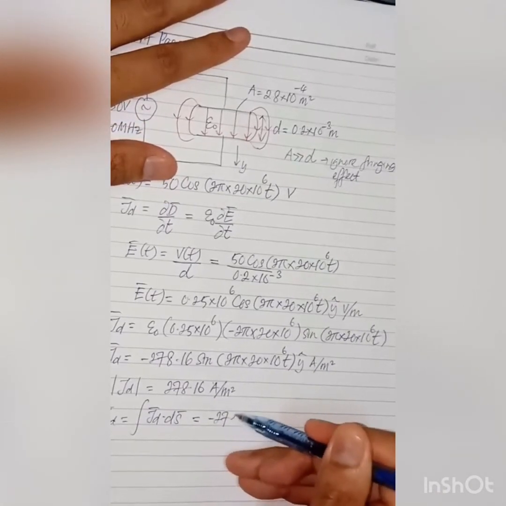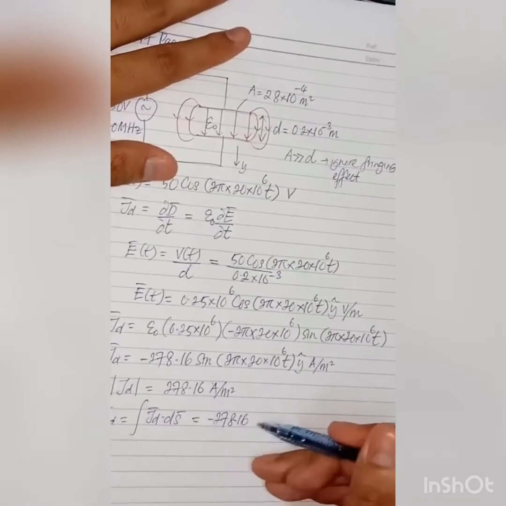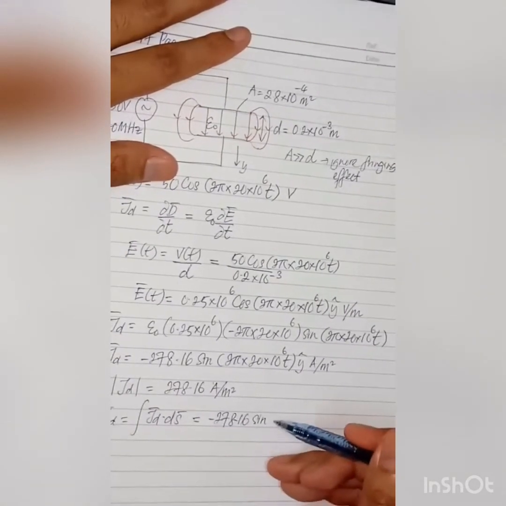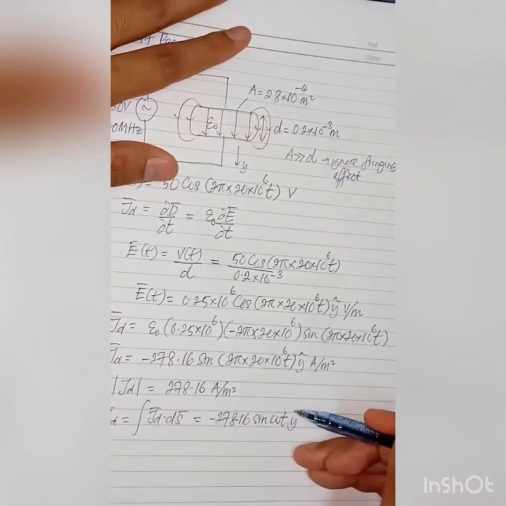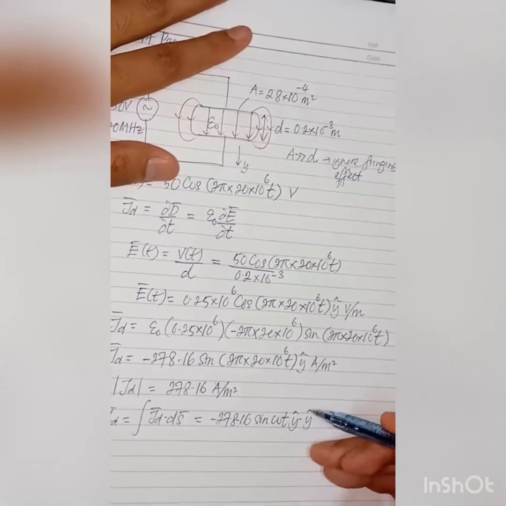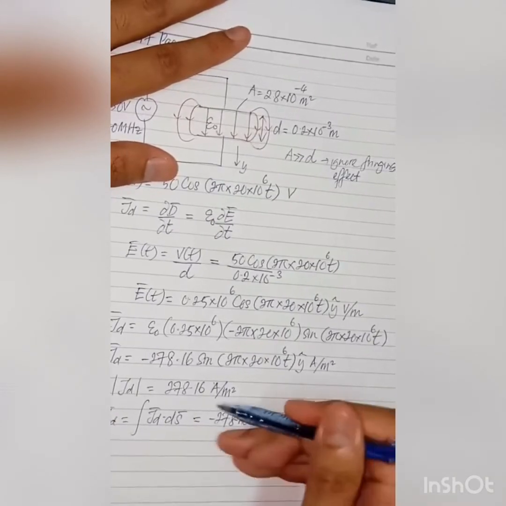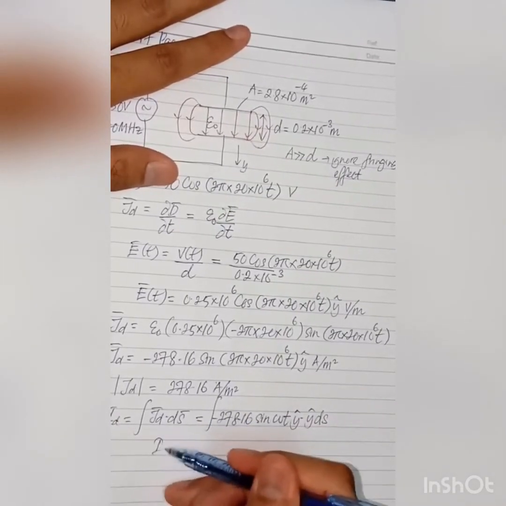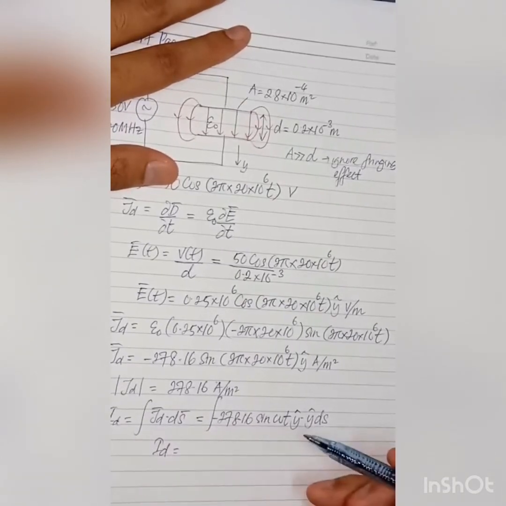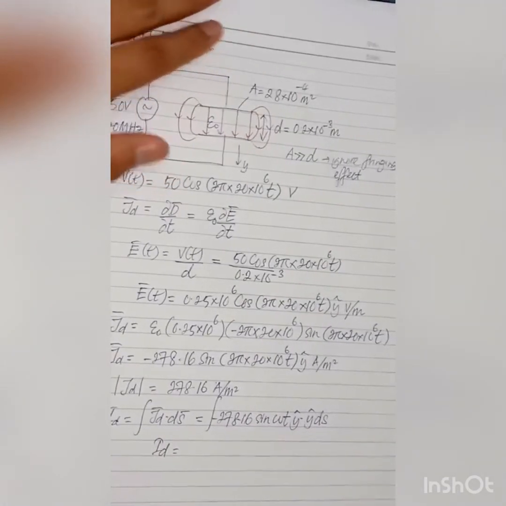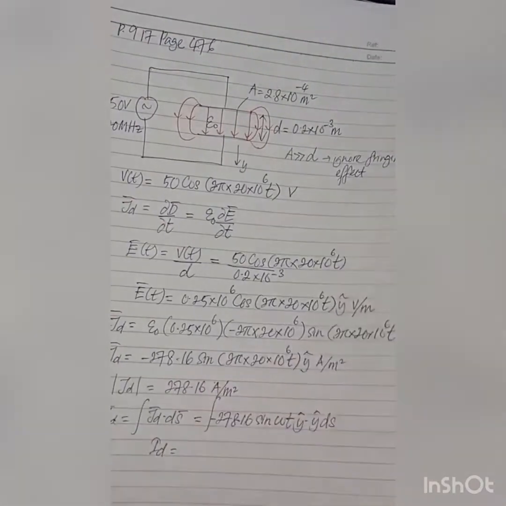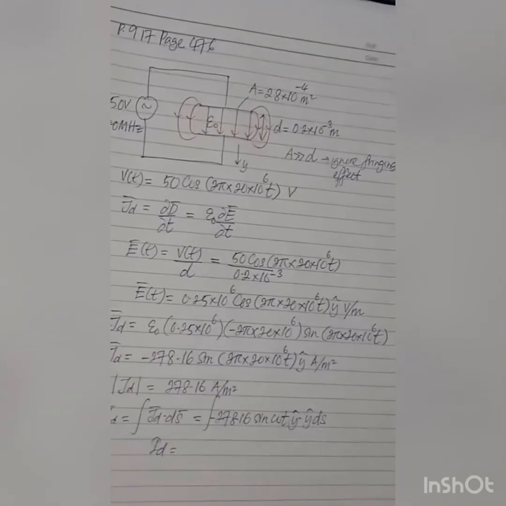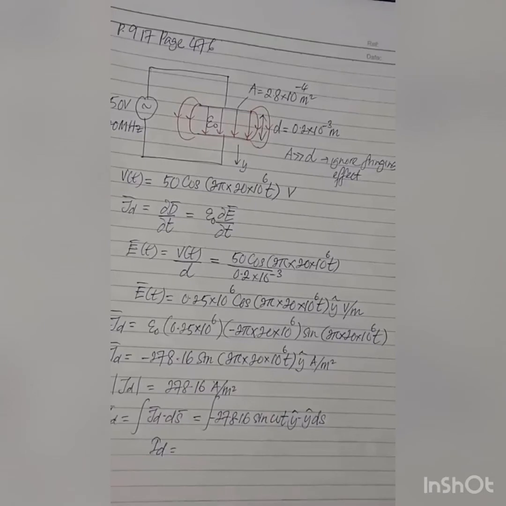So now we have negative 278.16 sine, let's just put omega t to make it short, now here the y component a_y dot a_y ds. So the ID here, let's calculate together. Let me find my calculator. 278.16 times 2.8 times 10 to the power of minus 4.